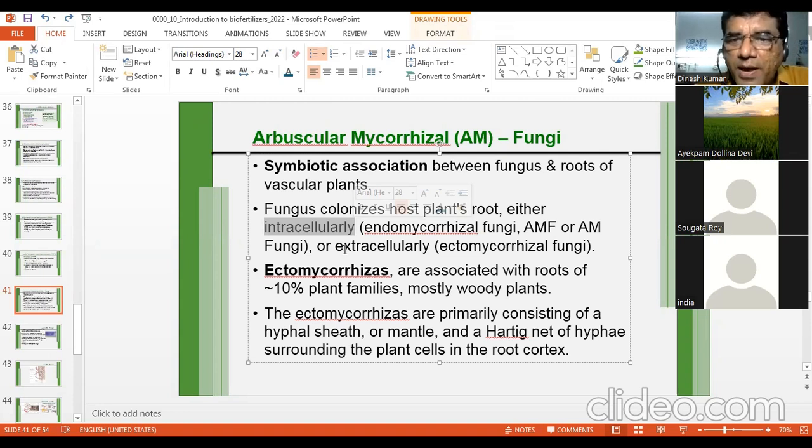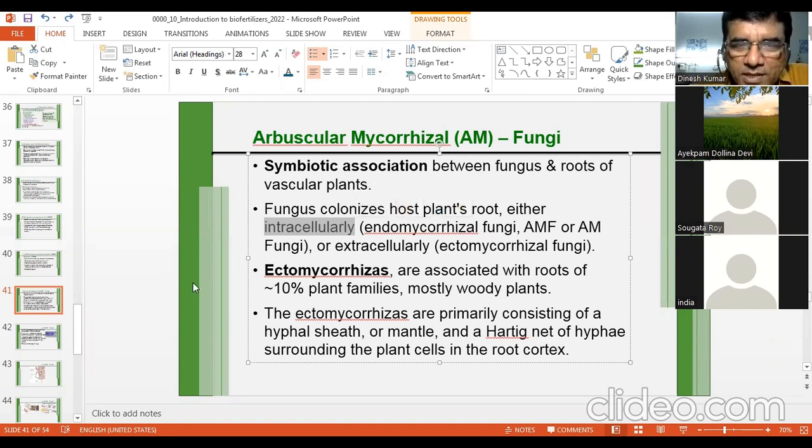Before, they were known as VAM, vesicular arbuscular mycorrhiza, V for vesicle, meaning they were making vesicles. But it was found that not all the endomycorrhizal fungi were making vesicles. Therefore, the name was changed to AMF.